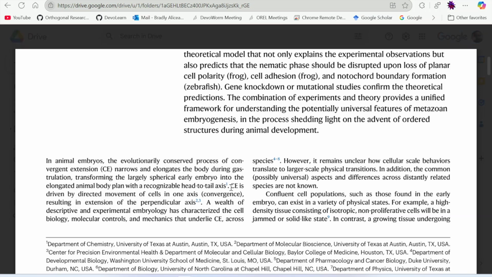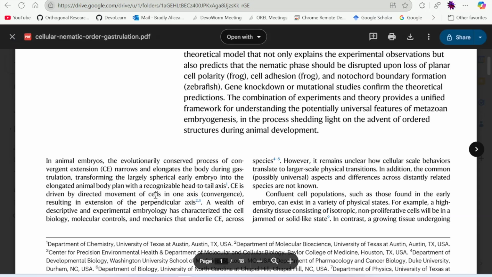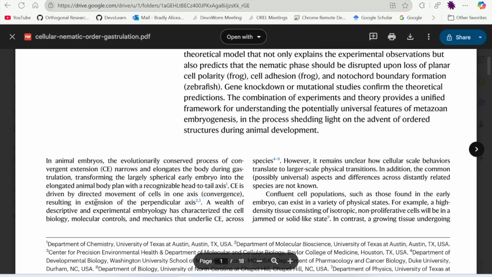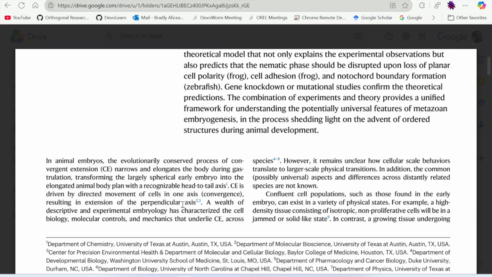So you get this convergent extension and this is something you'll see across species. And again, this convergent extension is driven by directed movement of cells in one axis, which they call convergence, resulting in extension of the perpendicular axis. So you have convergence along one axis and extension along the other. So it's like going from a sphere down to this elongated form. That's basically what they're talking about.